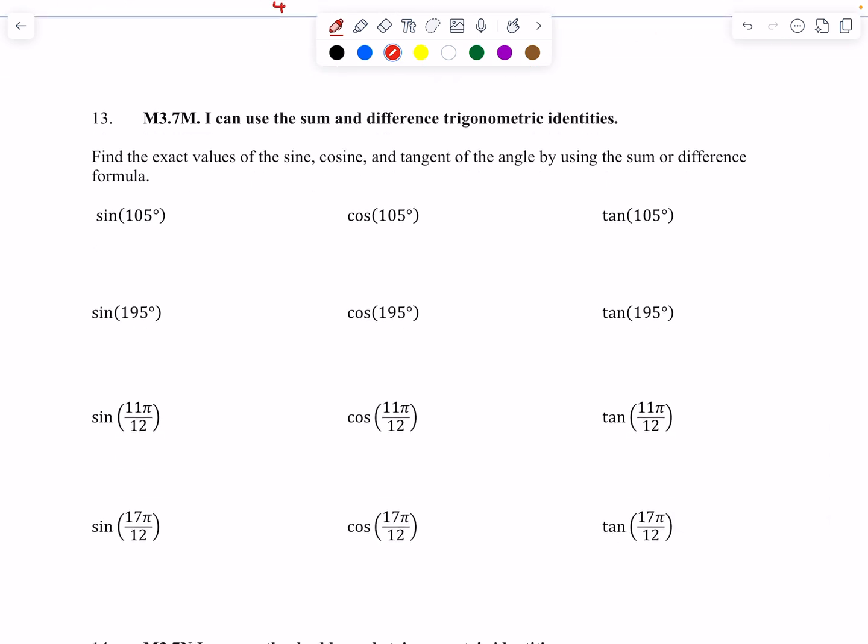Okay, oh god, this is a pain. I'm gonna do, like, I don't know, one of each. This is gonna take 40 minutes just to write it down.